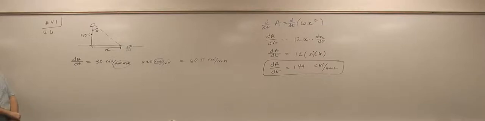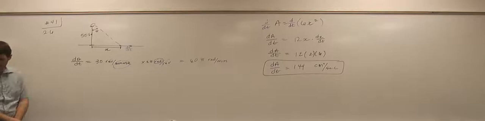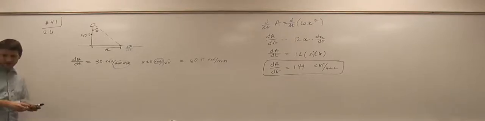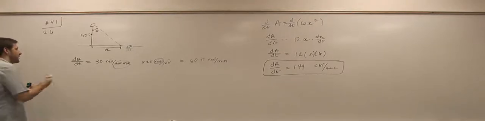I would convert revolutions to radians, because all the stuff that I've done with trig functions is in radians. And the other thing that we know, what else do we know? How fast is the light beam moving along the wall when the beam makes angles of θ equals 30 degrees, θ equals 60 degrees. So they give us θ.